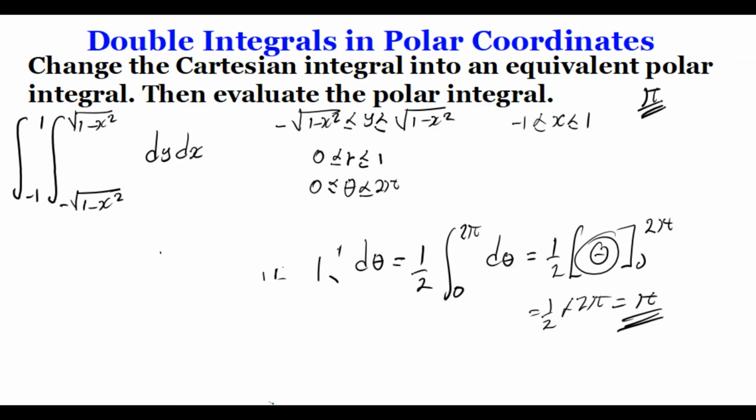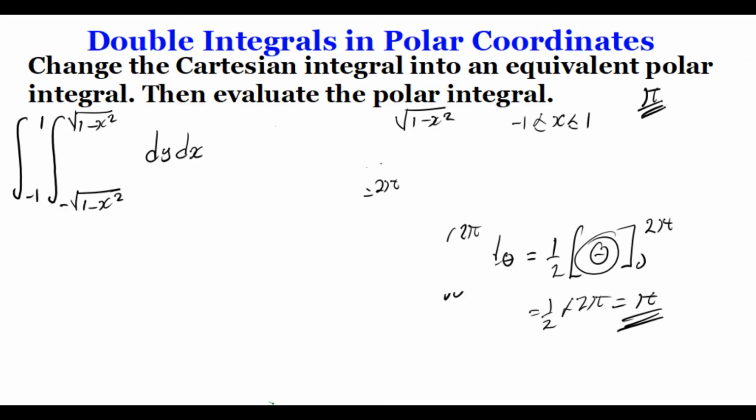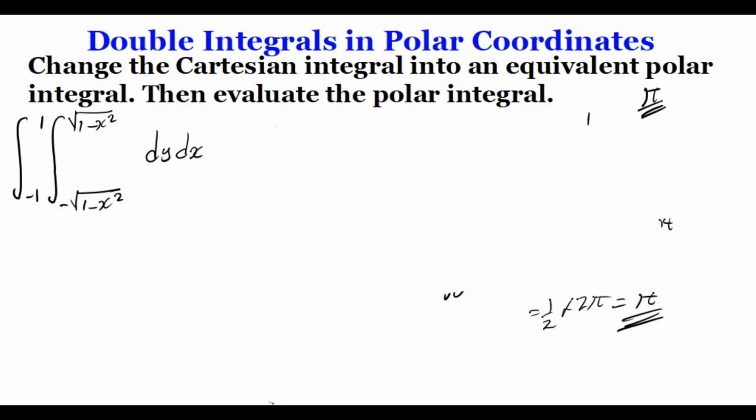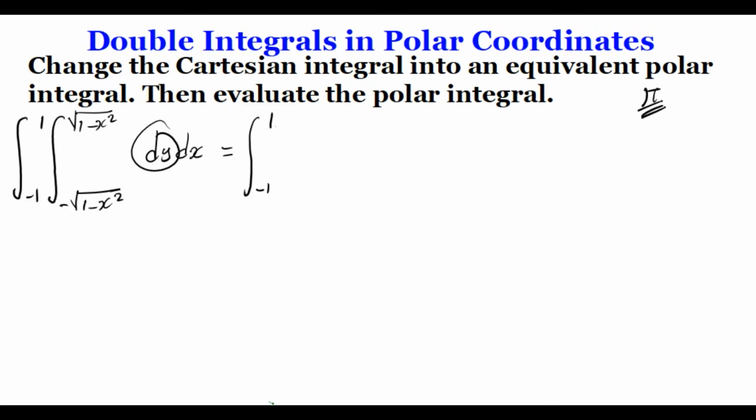We are going to our last example, but before I do that, let me try to evaluate this in terms of Cartesian and see if I'm going to get the same thing. So if I integrate this here, I still have negative 1 to 1. Integrating this with respect to y, that's going to be y, moving from minus the square root of 1 minus x squared to the square root of 1 minus x squared, and this is still dx here.